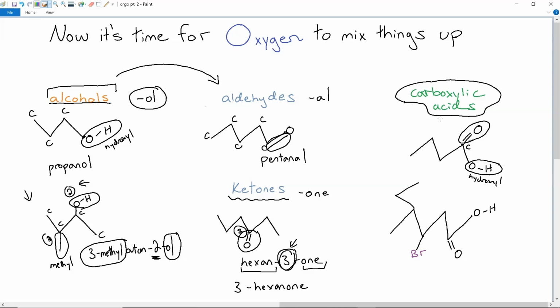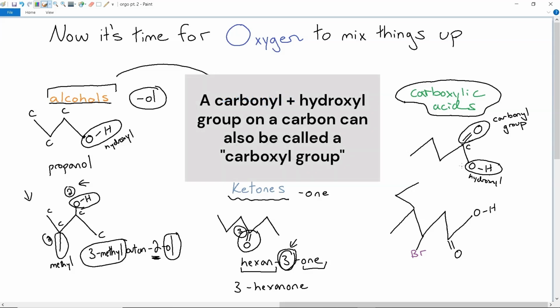And I think I forgot to mention that this double bonded oxygen is called a carbonyl group. So when we have both of these groups attached to a carbon, and this is always going to be a terminal carbon, we have a carboxylic acid.